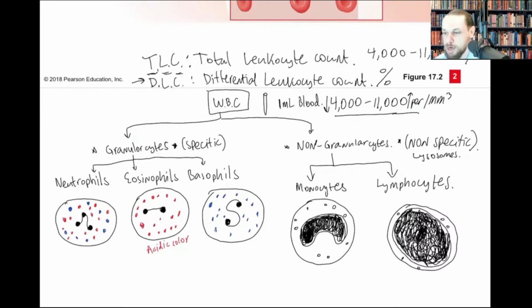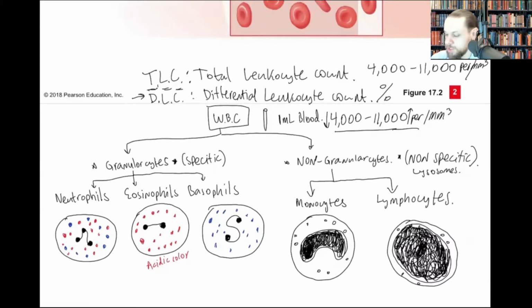Another term, because you may hear it in the hospital, a doctor may order CBC with diff, with differential. That basically means they want complete blood count with differential leukocyte count. And usually when patients come in and they suspect some sort of an infection, right?